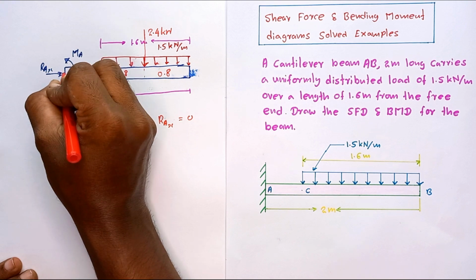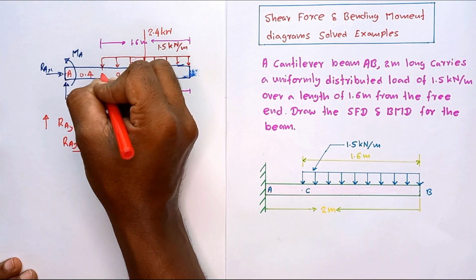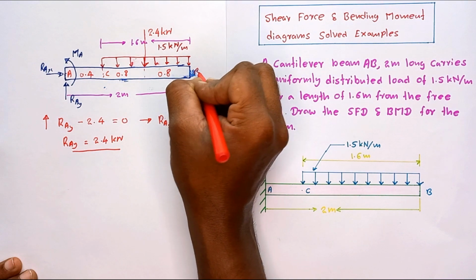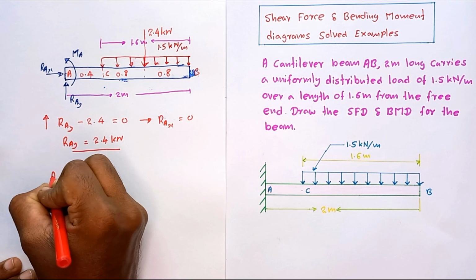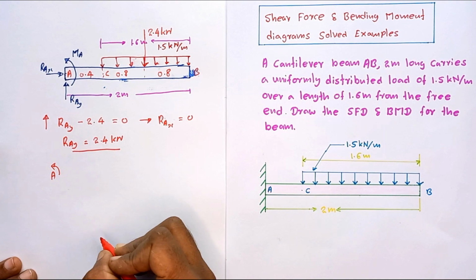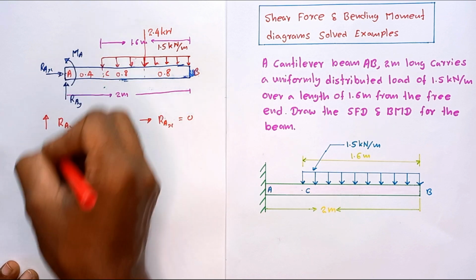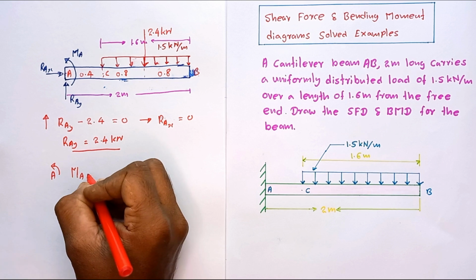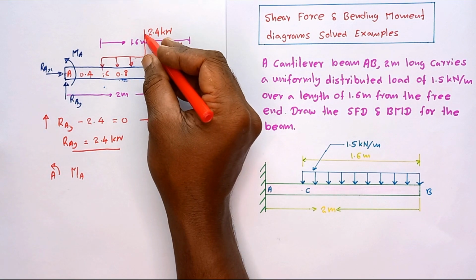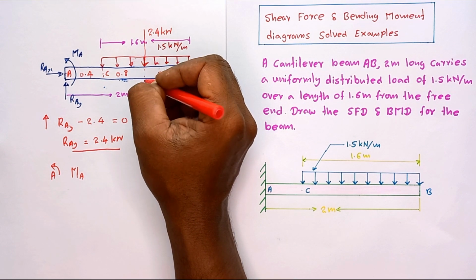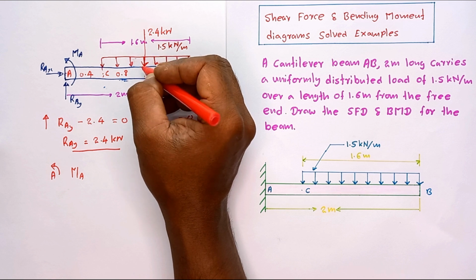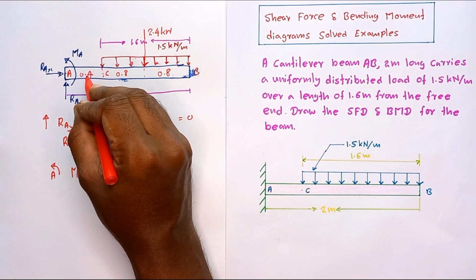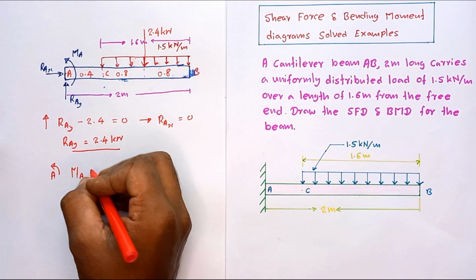So by taking the moment around this A point, let's take this point as C and this point as B. By taking the moment around point A, here MA, and the moment produced by the resultant force. The distance to this point is 0.4 plus 0.8, which is 1.2.